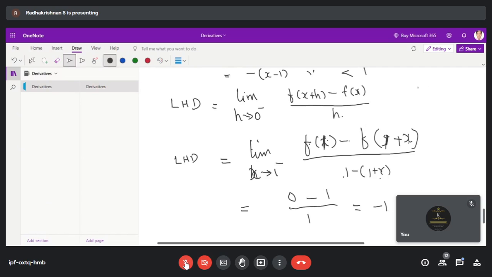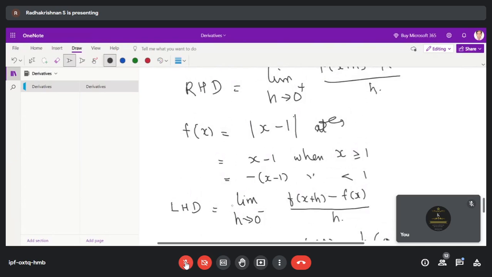See, the function is like this. At x equal to 1, right?